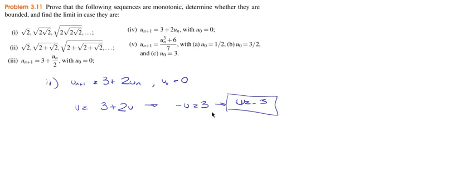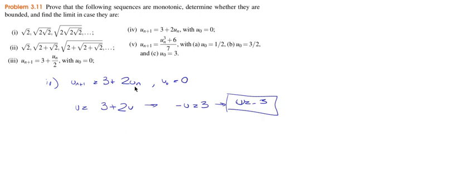So now you could say, well, this limit is going to be minus 3. In order to do that, starting from 0, you would have to go to negative numbers. But if you look at this, this is 3 plus 2 times u sub n.